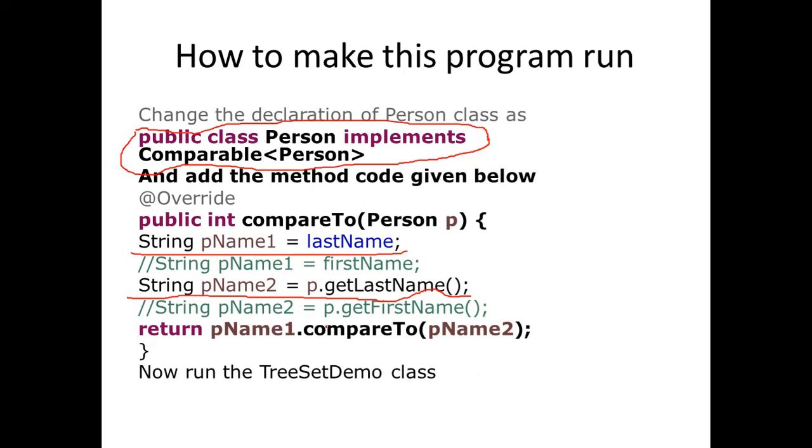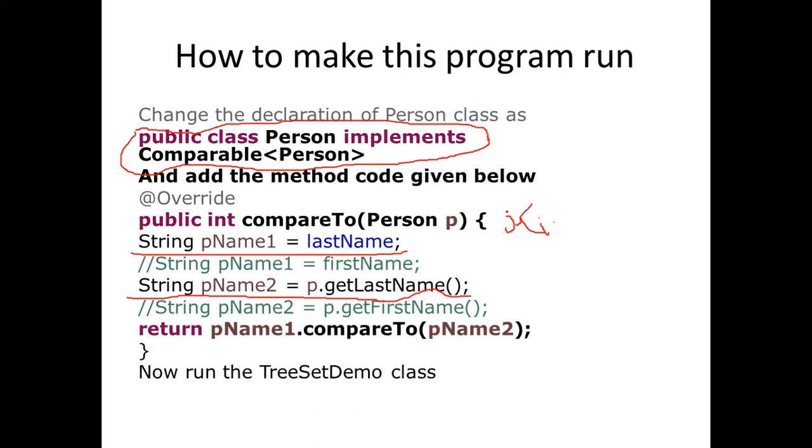The meaning of this is that pname1.compareTo(pname2) will return 0 if pname1 and pname2 are equal, in the sense say one is something like "hi" and the other one is also something like "hi".